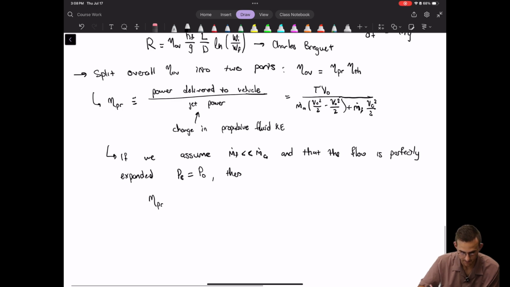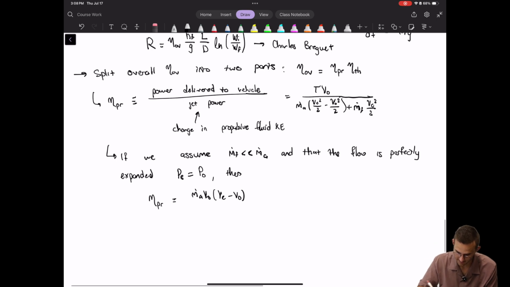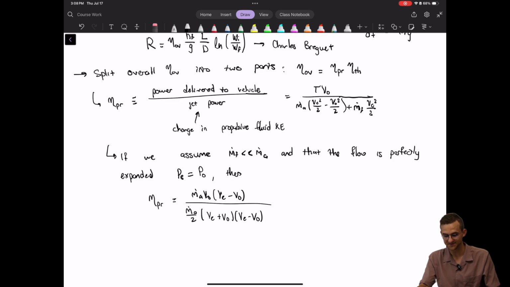So eta propulsive is equal to m dot a V naught times V E minus V naught. So that's the thrust equation with these assumptions put in, times V naught. And then the bottom equation, m dot a over 2 times VE plus V naught times VE minus V naught. So that's expanding the difference of squares there.